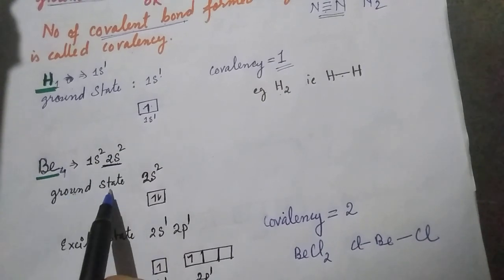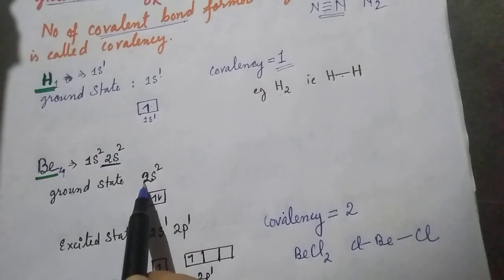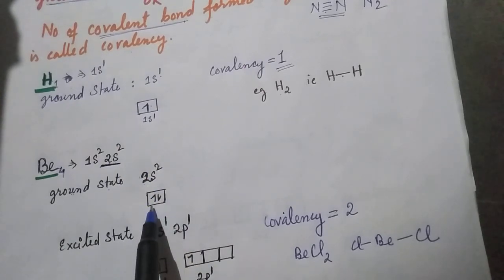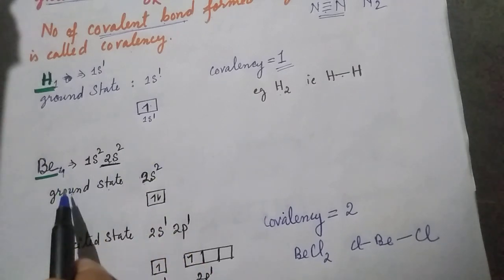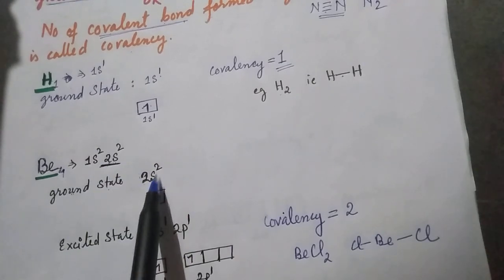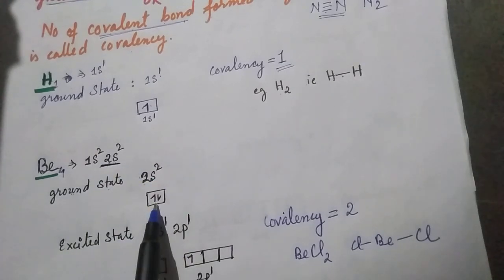So only the outermost is 2s2, which has 2 electrons. So this is the normal ground state, where I have taken the outermost orbital only. 2 electrons are present, meaning paired off.